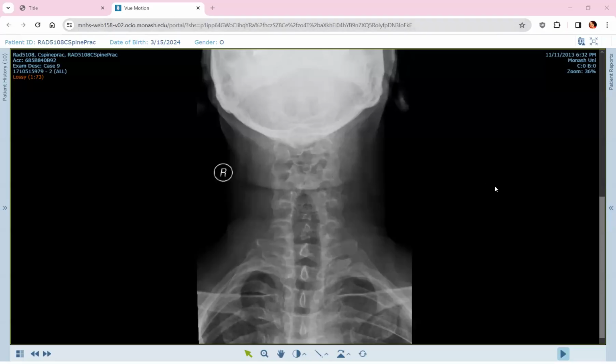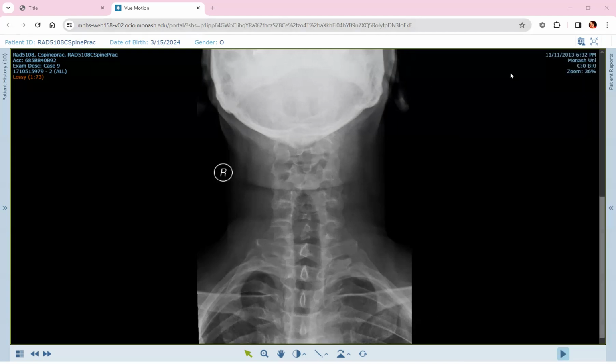The next case is that of a mine worker with increasing neck pain. When we look at the AP view and look at our spinous processes, it seems fairly okay. You can see there are some chronic changes going on here, but nothing that really stands out.